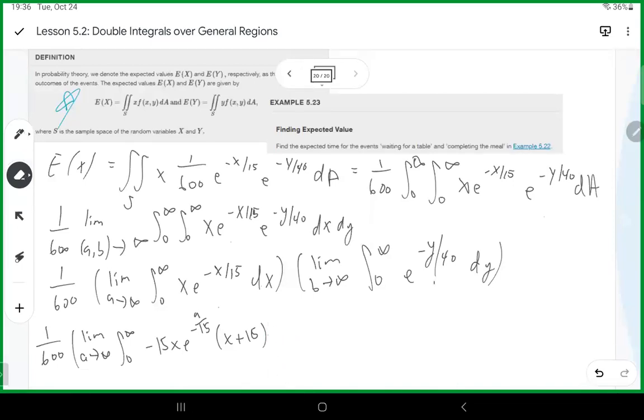That is in x. We haven't plugged in yet. We're going to plug in.